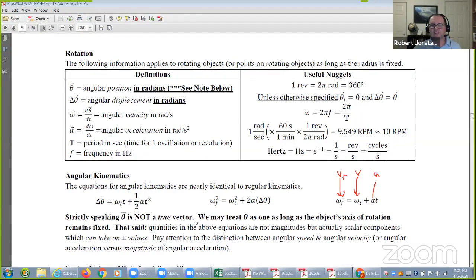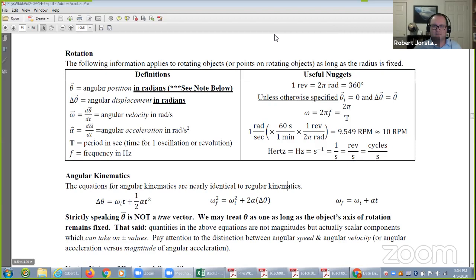You could think of it exactly the same way. This right here is like delta X, V initial X, 1/2 AX T squared. Same equations.